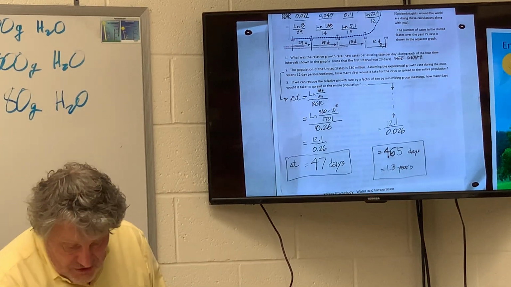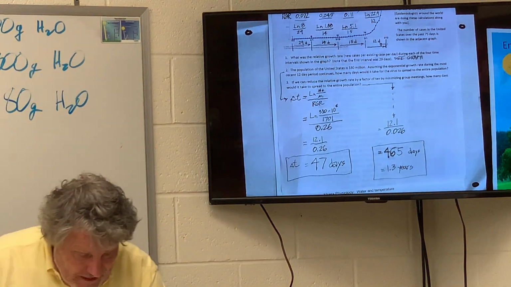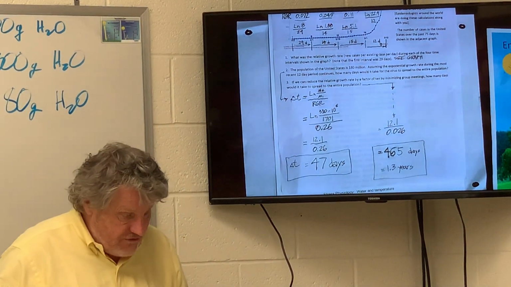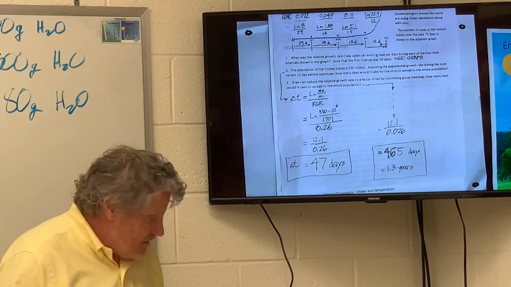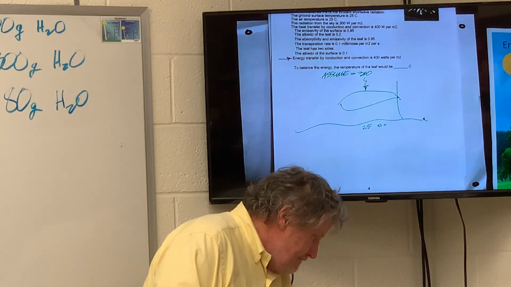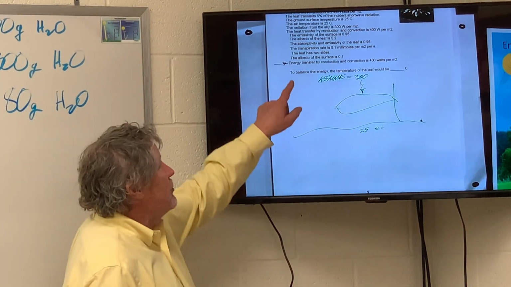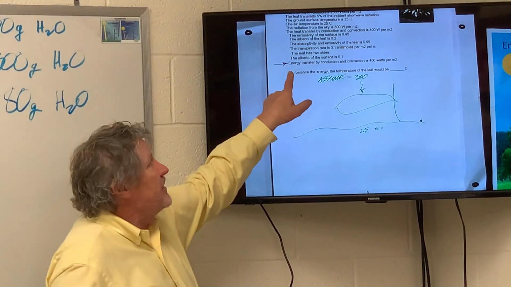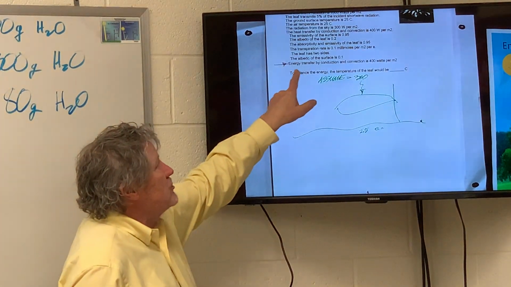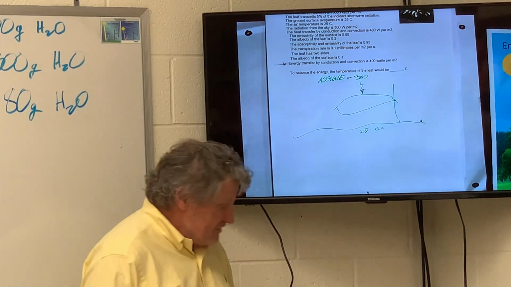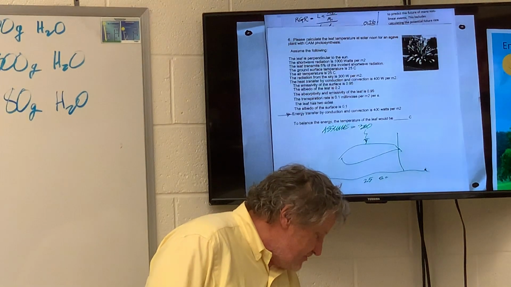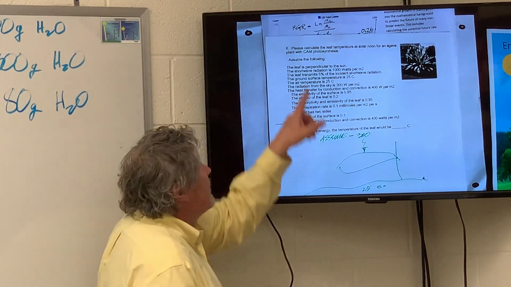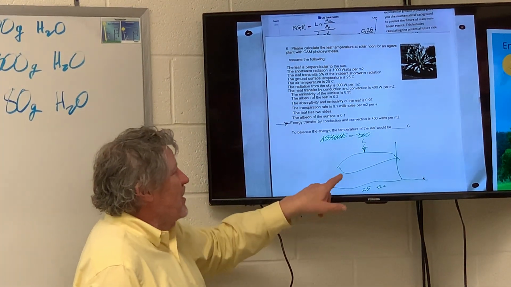Now, in the homework, I want to just review question 8. Just to review, this is a handout. You need to know energy transfer was 400 watts. This is question 6. It's 400 watts.